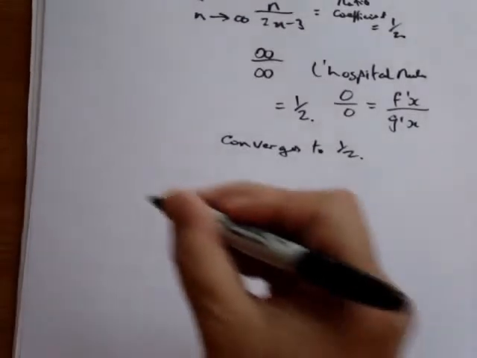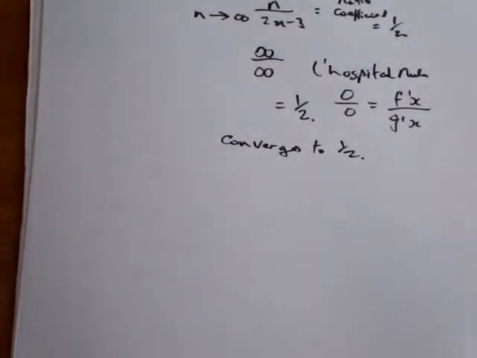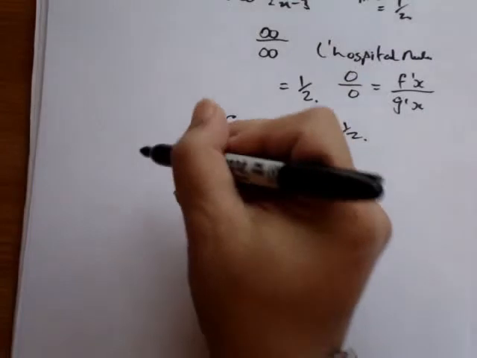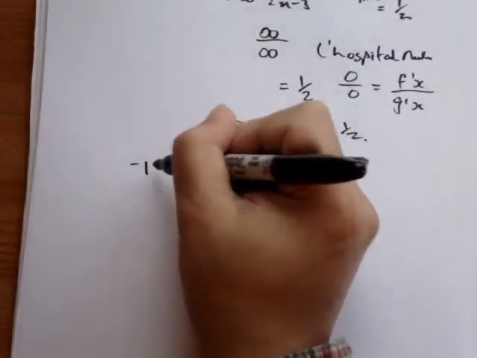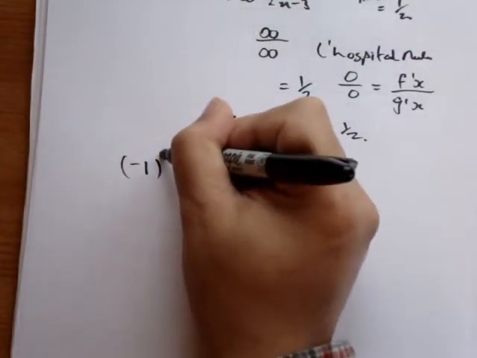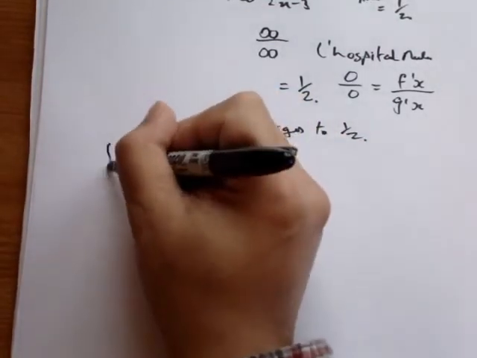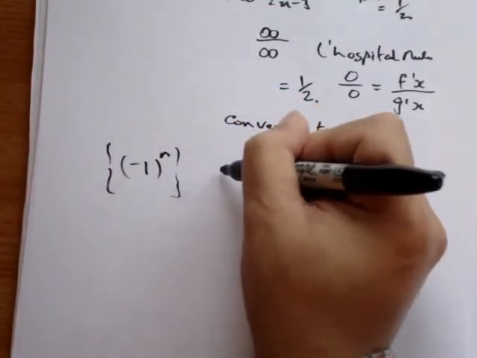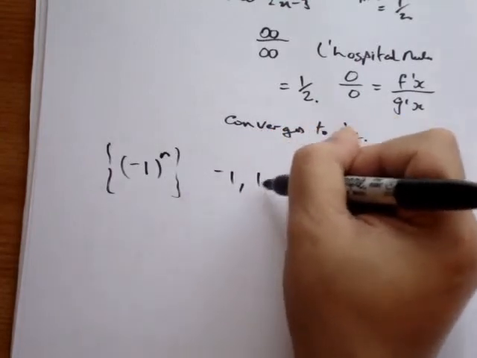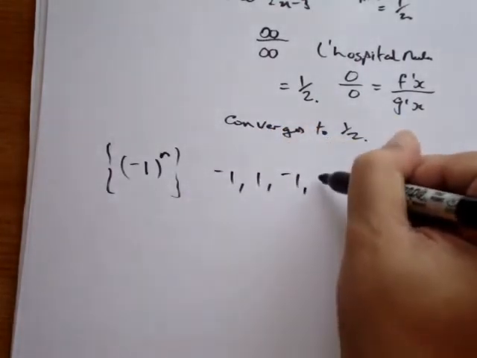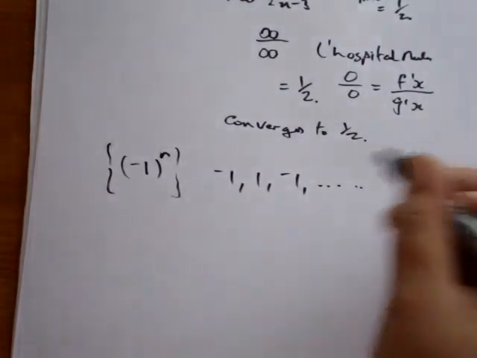Okay, let's have a look at an example where it diverges. So if we have minus 1 to the n, this would give us minus 1, 1, minus 1, and so on.